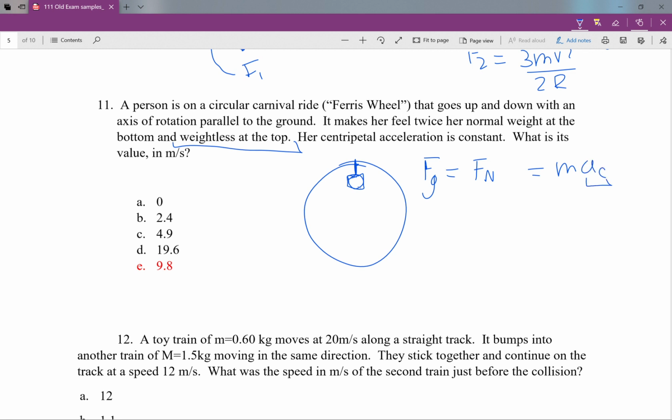We're trying to look for the centripetal acceleration. So we know that Fg is basically mg, and that's going to be equal to m a_c. The m's cancel, and we know that the centripetal acceleration is just the value of g, and that's E.